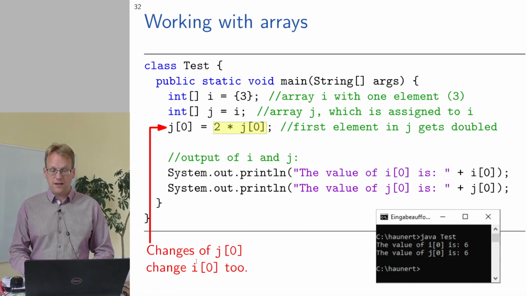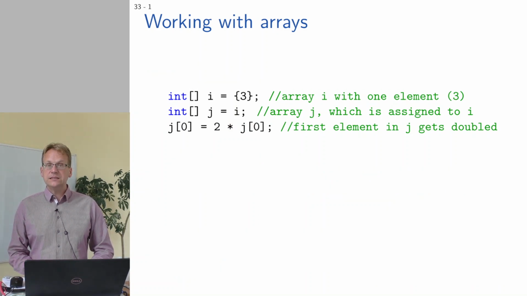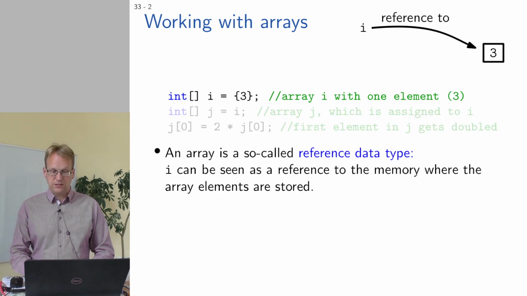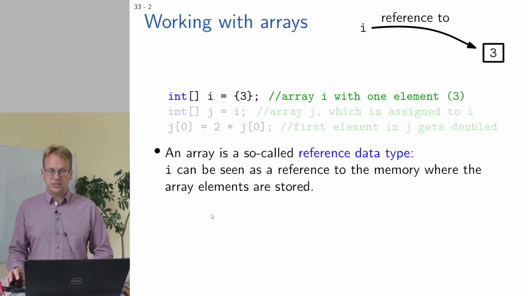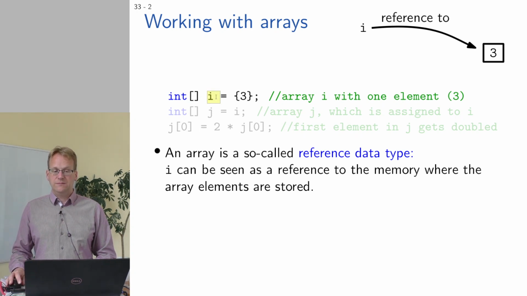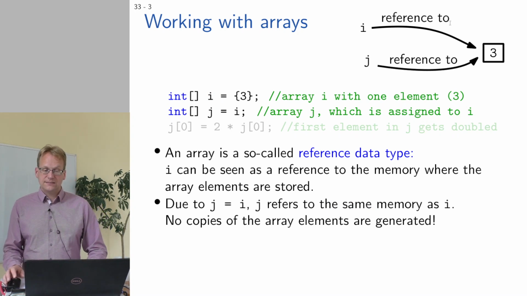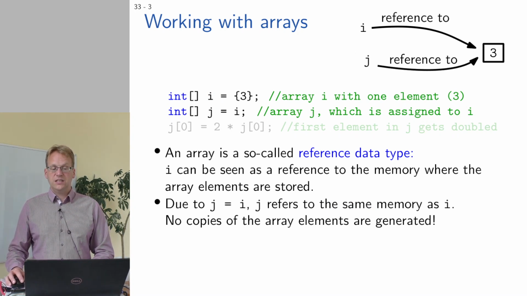And why is that? Let me visualize what is happening here. If we create this array i, we are creating a variable i which is a reference to an array. So i is just a reference to an array which in our situation contains just one element. Now, with this second assignment, j equal i, we are not creating a new array.